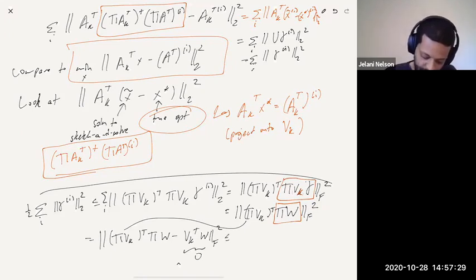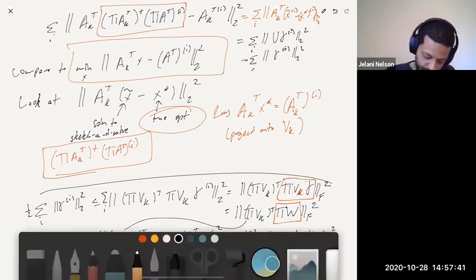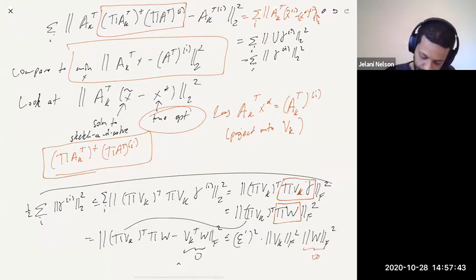But by AMM, this is at most epsilon prime squared, where epsilon prime is your error, times the Frobenius norm squared of V_k times the Frobenius norm squared of W. This is opt. This is k. So if I set epsilon prime to be something like root epsilon over k, this implies that this is at most epsilon times opt.